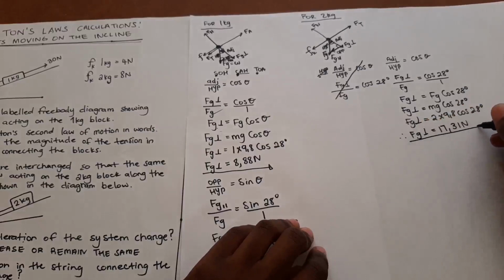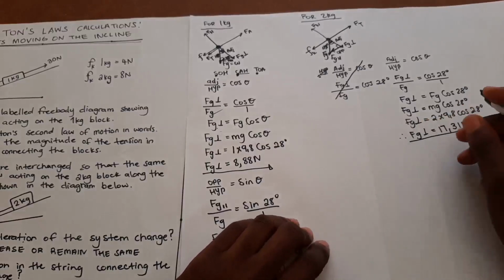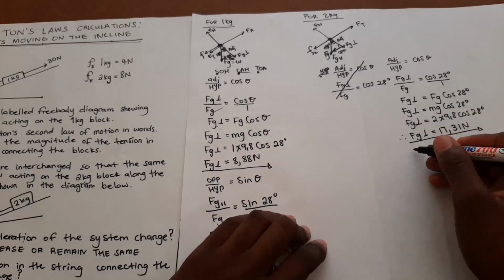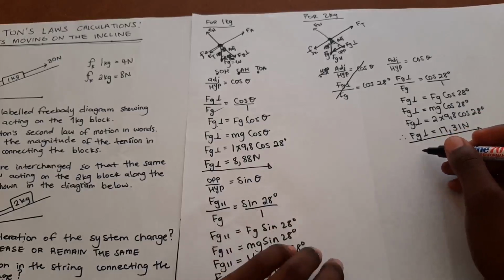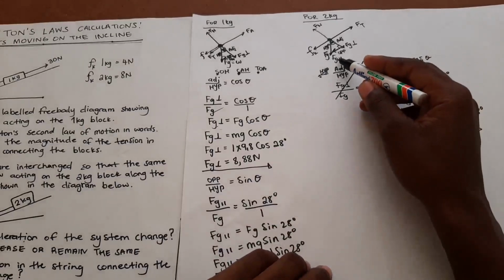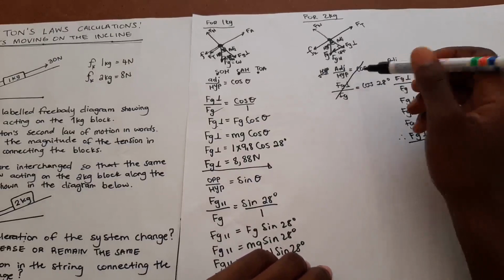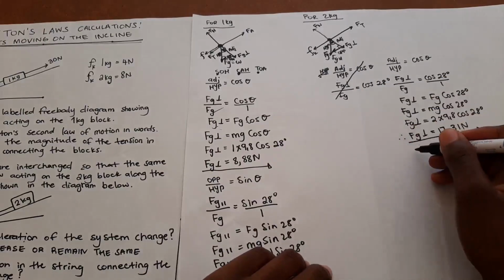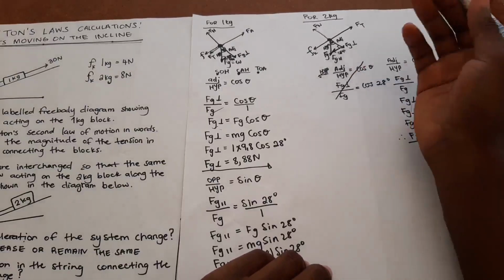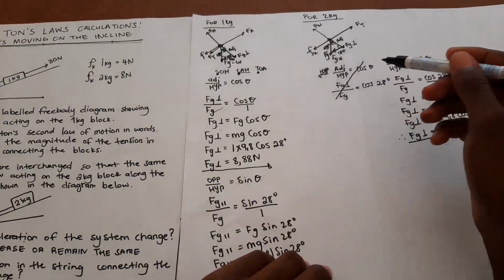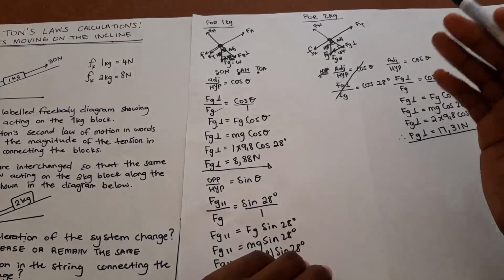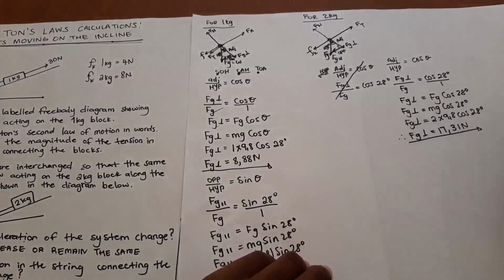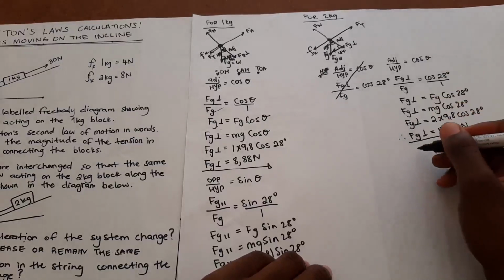So this becomes FG perpendicular. We also have to find now the parallel component, FG parallel. So it's sine now. You know that FG parallel is equal to mg sine theta, but let's derive it from the get-go.